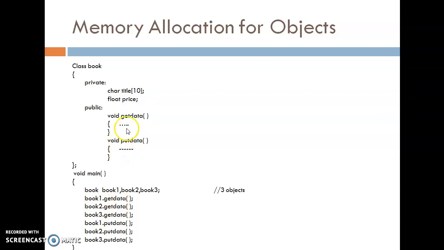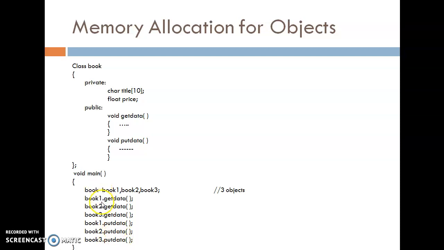Generally this get data function is used to access the data of that particular book, and this put data function is used to print the title and price of that particular book. So after getting the data, we print the data like book 1 dot put data, book 2 dot put data, book 3 dot put data.